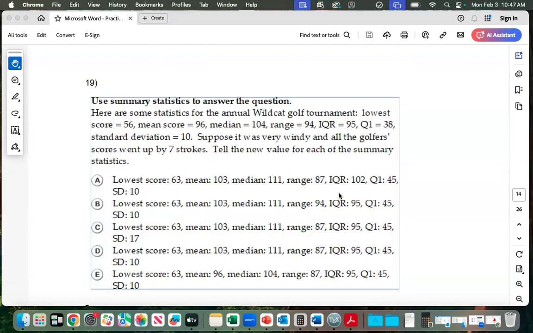So when you look at this one here, you know that the minimum would increase by what? 7. Is that okay? Stay the same. By 7 strokes.